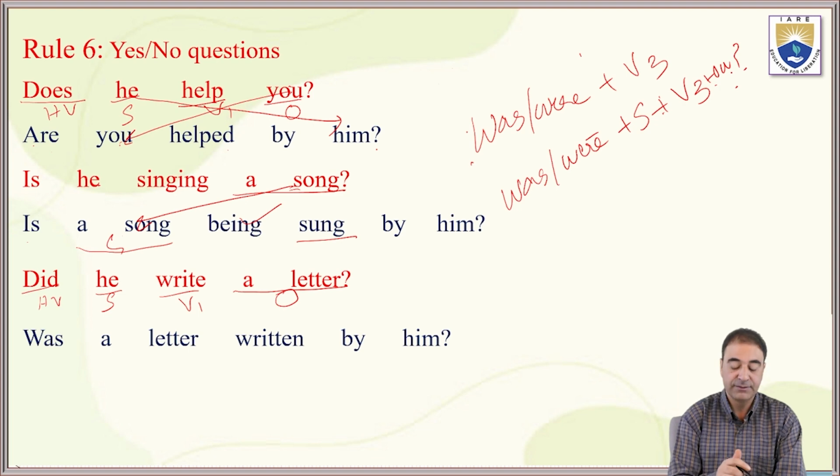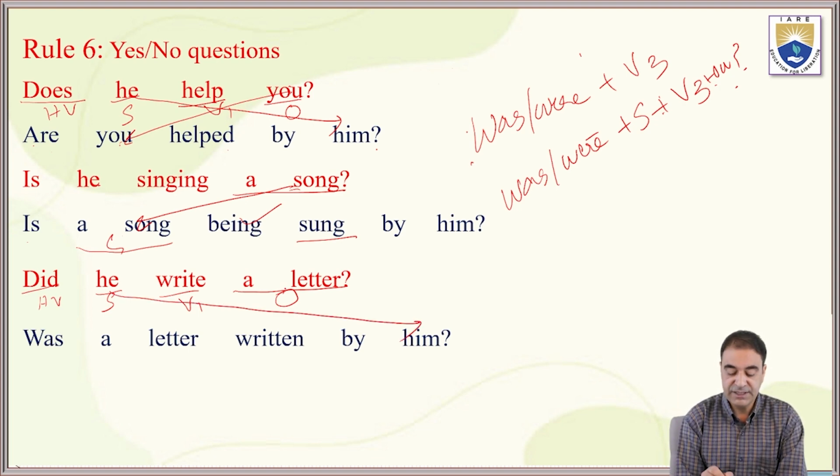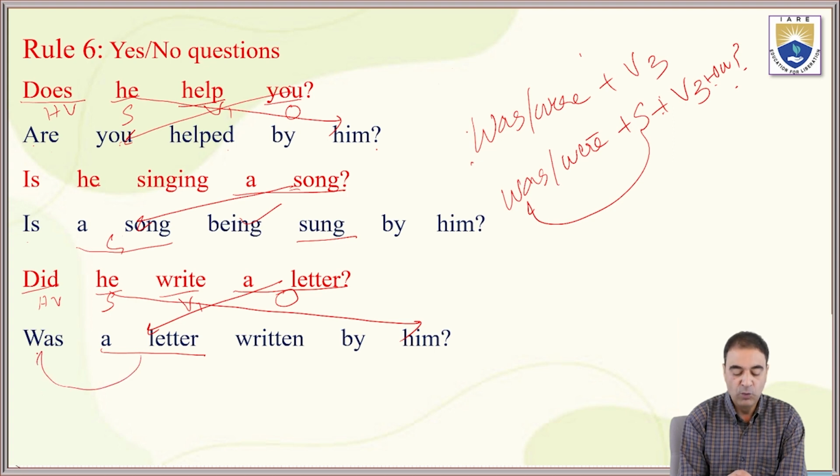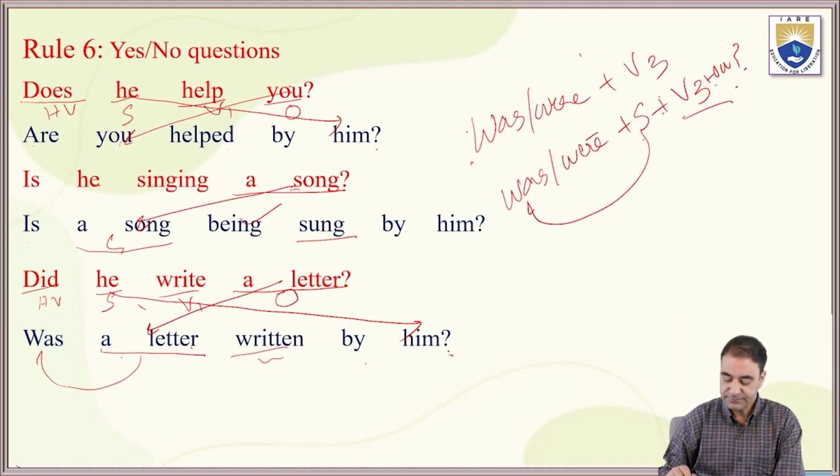Now see here. He will come at the position of object, and a letter will come to the subject. A letter is third person singular, and with third person singular, we use was. Therefore, was a letter, then we have verb in third form, written, by, he will change into him.